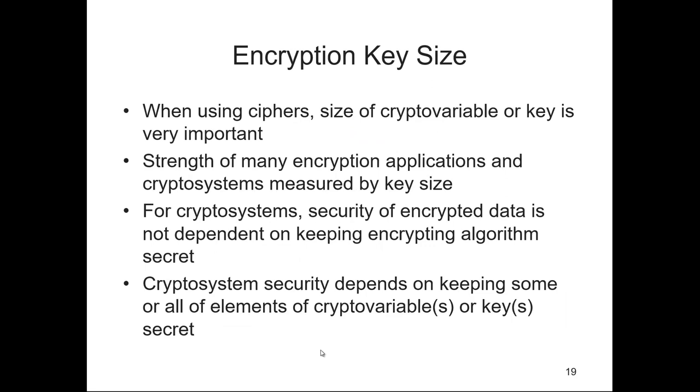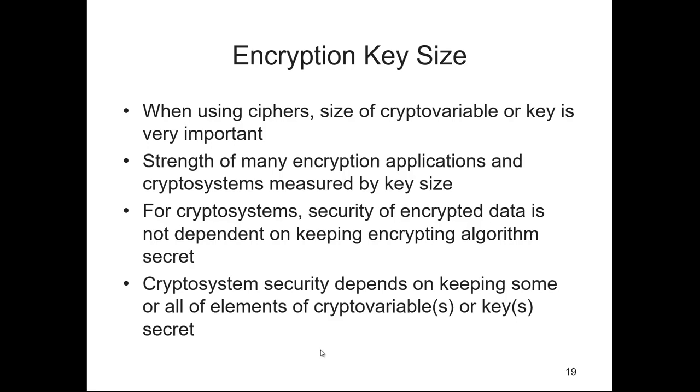When using ciphers, one of the decisions that has to be made is the size of the crypto variable, or key. The strength of many encryption applications and crypto systems is measured by the key size. When it comes to crypto systems, the security of encrypted data is not dependent on keeping the encrypting algorithm secret.